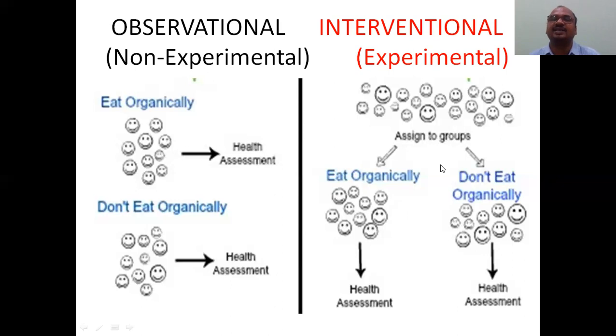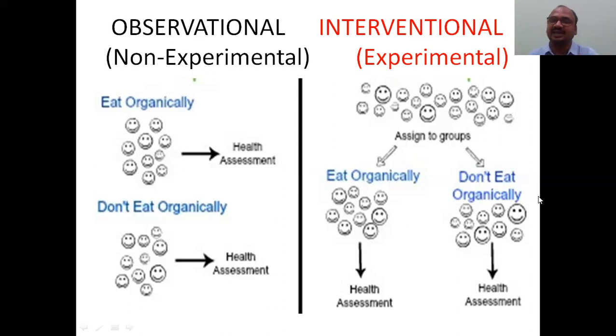See here, all the mixed people are here. Where I am showing my cursor, they are taking either organic or inorganic food. Once I assign them into two groups, they are not supposed to take the other kind. Organic people should not take non-organic food, and to the non-organic group I won't give organic food.